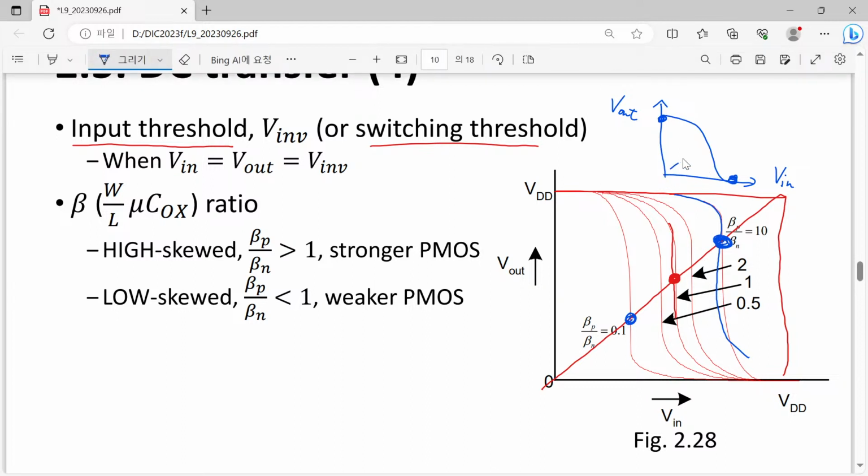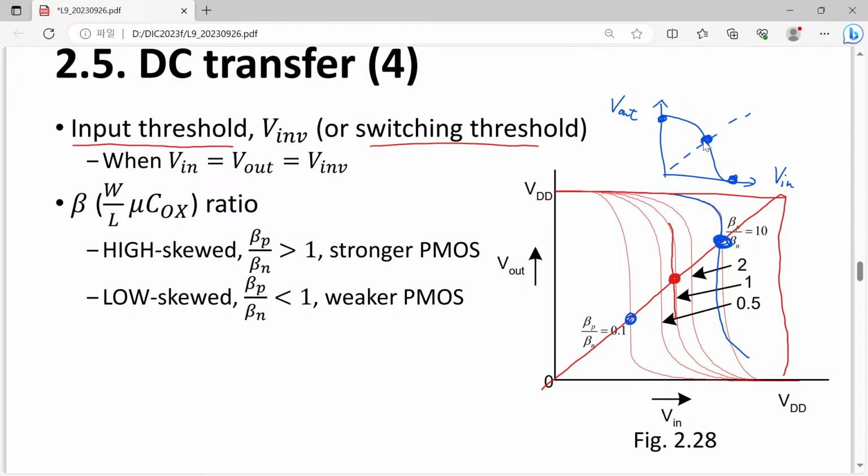However, whenever you have such a thing, you will get a certain point corresponding to the input threshold. This can be regarded as the border between your logical low input and logical high input. Do you agree with me?